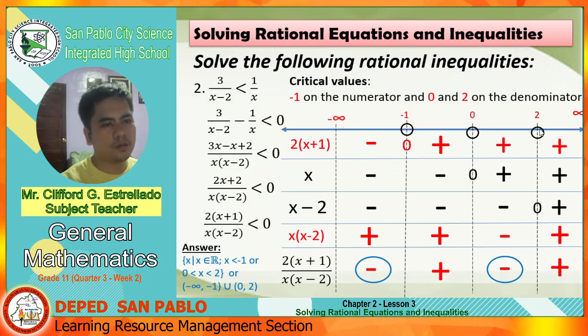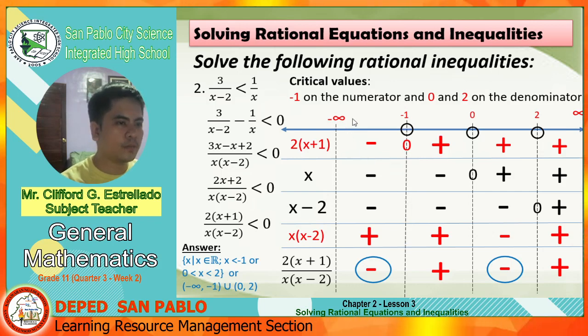Then, 0 to 2, wherein 0 and 2 are also not included. Okay? So, 0 and 2 in the denominator, they are not included. On the numerator, negative 1 is also not included because we only have here less than 0. 0 is less than 0 is a false statement. Therefore, negative 1 is not included.